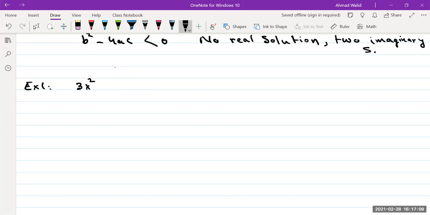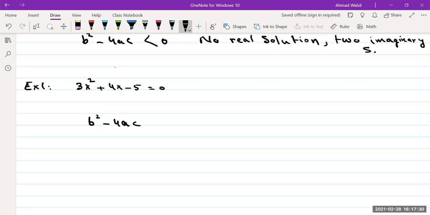3x squared plus 4x minus 5 equals 0. Find the type of solutions for this quadratic equation. Correct? What I do, I'll use my discriminant. My discriminant is b squared minus 4ac.